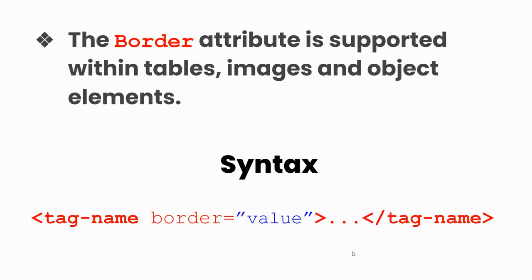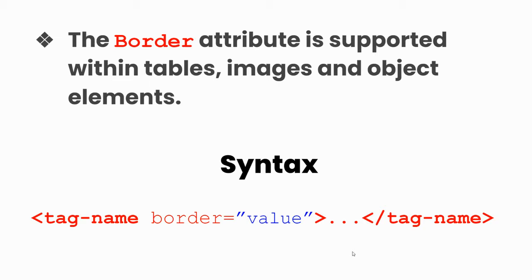As for the border attributes, it is only supported within tables, images, and object elements, just these three. It doesn't cut across anchor tags, paragraphs, headings, or any form of text or any other kind of element. So for now, we'll just focus on the border attributes with these three elements it supports.